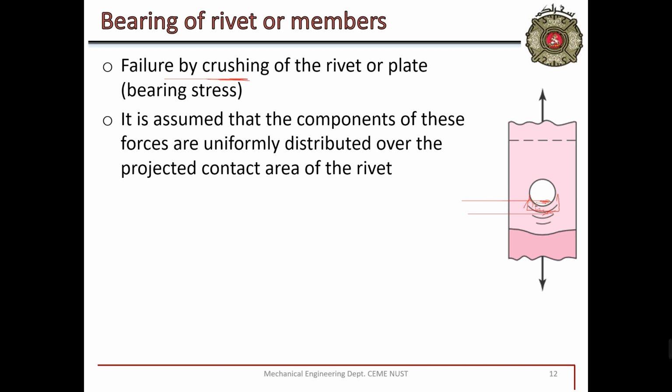In the right theory, the area is this circular portion multiplied by the thickness T. But as the load is not uniformly distributed, we can just say that the area is this D multiplied by the thickness. So the area is D into T, where T is the thickness of this plate.